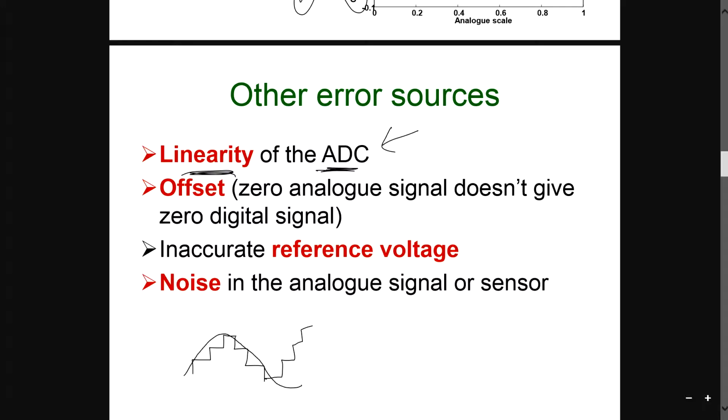Then your offset is your zero analog signal. The standard example he gives is to remember your weighing scale. Sometimes you have the bar right at 0, but sometimes when you never step on the weighing scale, the bar is actually showing some value already. So this is something like a zero offset. This is something that you need to consider as an offset error.